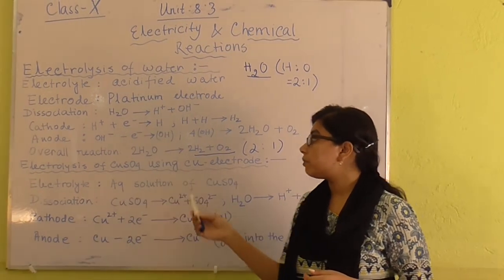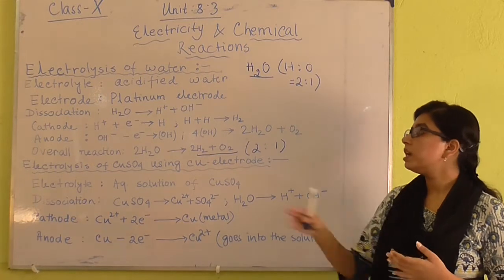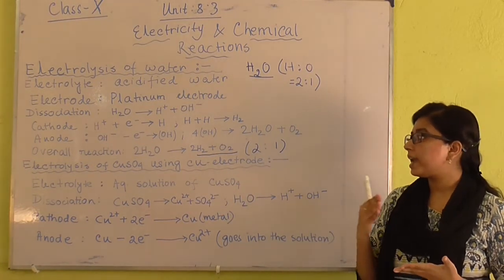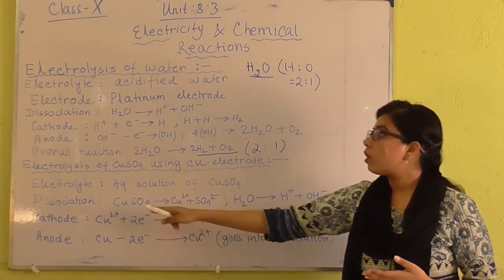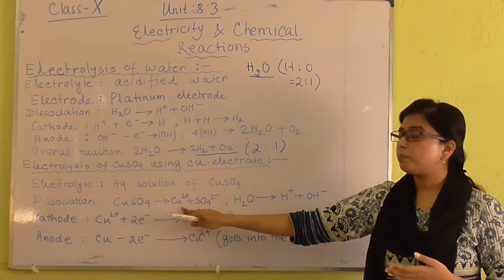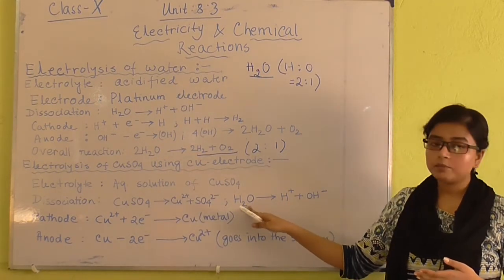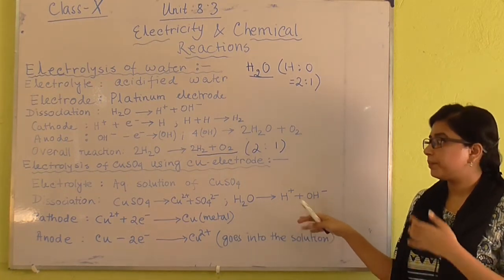First, the electrolyte will be the aqueous solution of copper sulfate. That means in solution there will be copper sulfate to dissociate as well as water molecules to dissociate. So from copper sulfate we can get Cu2+ ion and sulfate ions, and from water molecules we will get H+ ion and OH- ion.